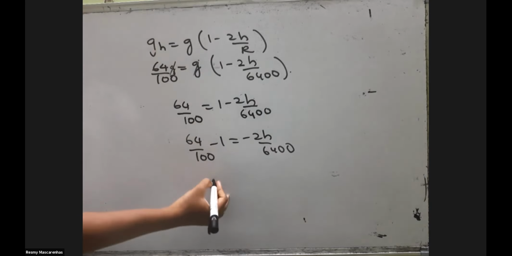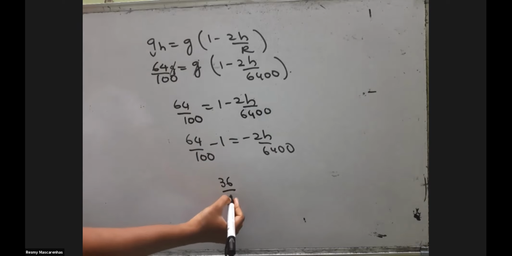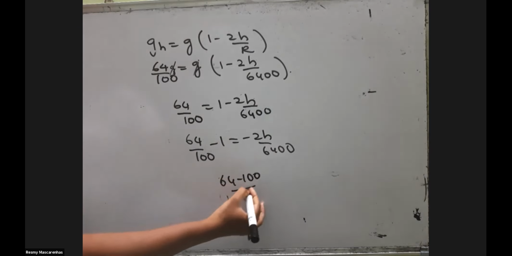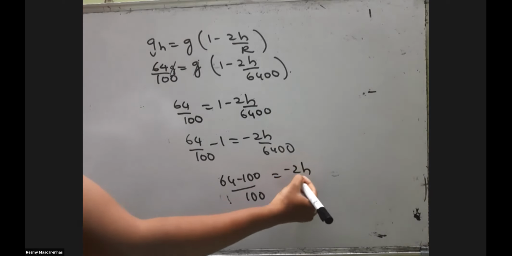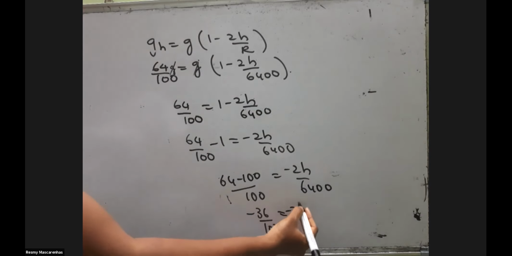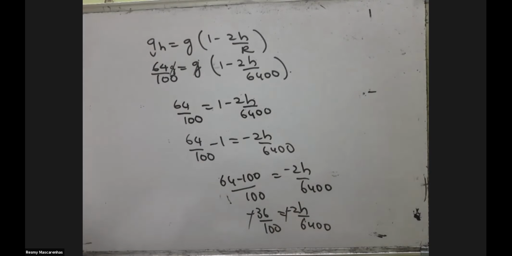Now cross multiply. So this will be 36 upon, can do like 64 minus 100 upon 100, which is minus 2h upon 6,400. Both the sides, minus minus will cancel. The h you keep there only, remaining terms you bring other side.